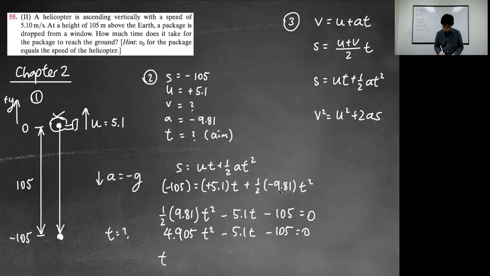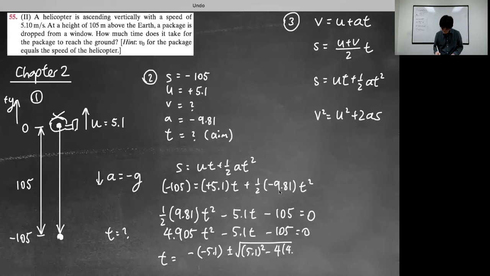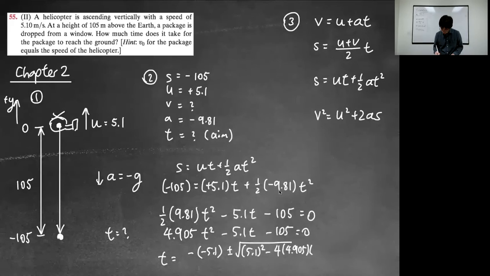Okay, if you forget your quadratic equation, you can look that up. T is minus b plus or minus square root of b squared. So I have 5.1 squared. I know it's minus 5.1, but square doesn't make a difference. 4 times a, 4.905, c, so that's 105, over 2 times a, 4.905.